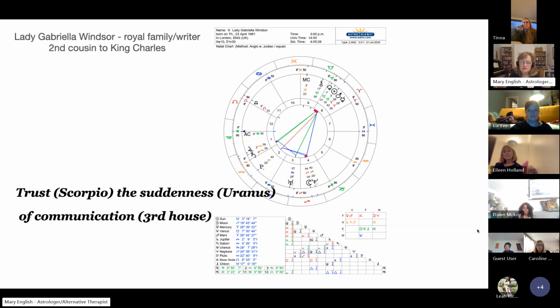So trust, Scorpio, the suddenness, Uranus of communication. She's a writer and a very erratic one at that. So she writes columns and articles. She has written for one particular publication for a while, but she does quite jump about a bit with her writing, which is why I think that Uranus in the 3rd house quite suits what she actually does for her living.